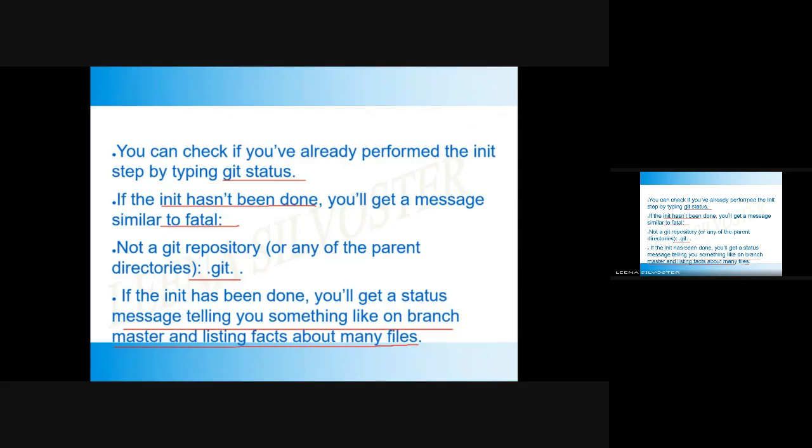If it has been done, then you will get a message telling that you are on branch master and listing the facts about many files. So once after issuing git init, you can issue git status to check whether init has been done.